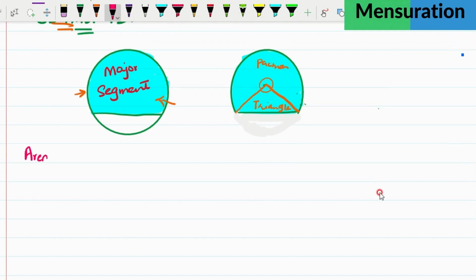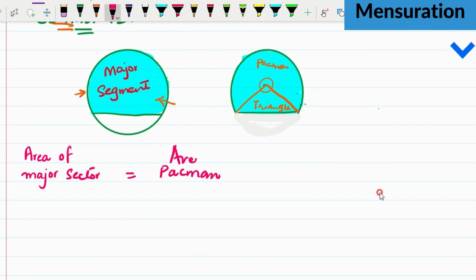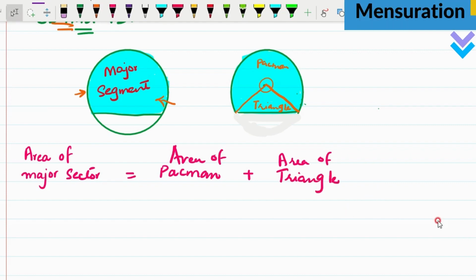If we are finding the area of a major sector, we should know the area of Pac-Man, and the area of the triangle. Just recall how we can find the area of Pac-Man and how we can find the area of the triangle. Do you remember that?